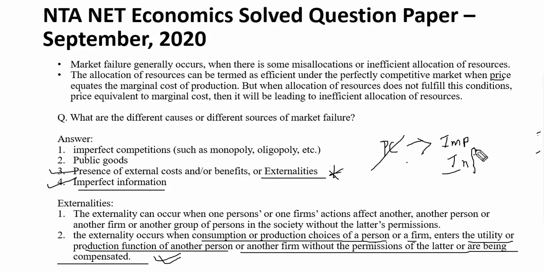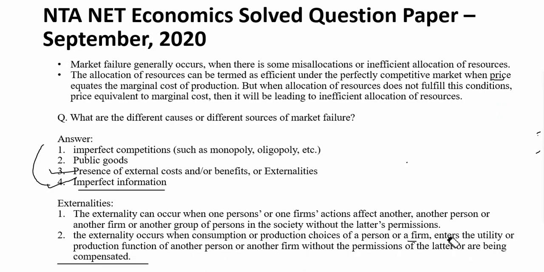So the buyers will not get any idea about the seller's point of view, and the seller will not get any idea about the buyer's point of view. And because of this asymmetric type of information, there will be market failure. So these are the four reasons for market failure, and let's find out which among these are given in the question, and we will solve that accordingly.